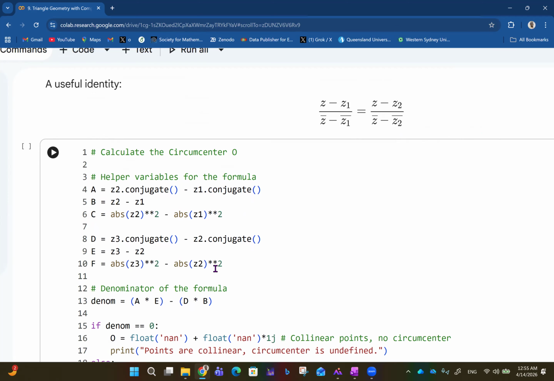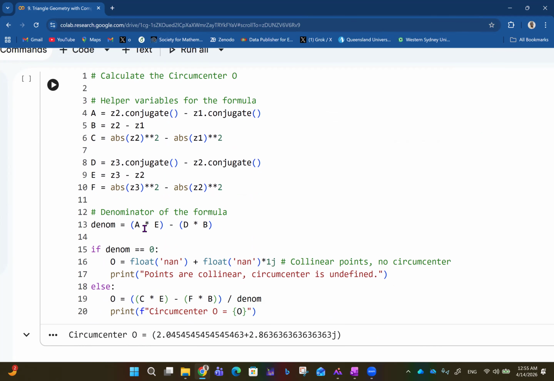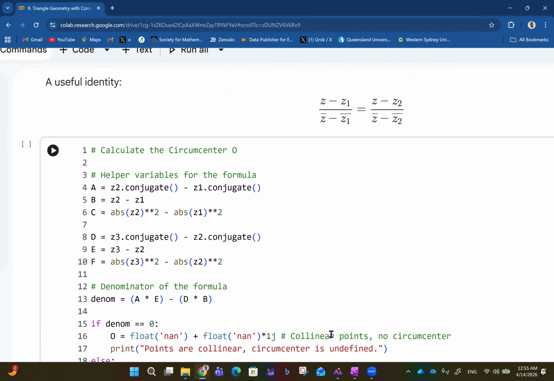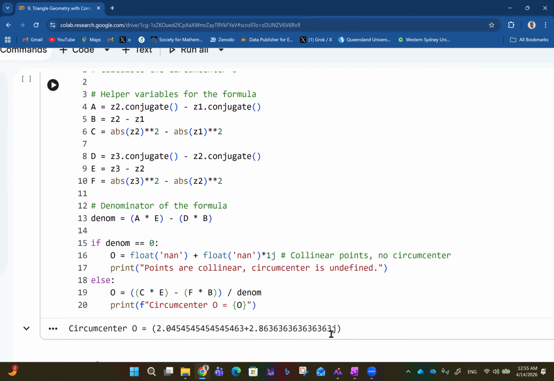Then you can have the denominator to be A times E minus D times B, following all that, and you get the circumcenter to be 2.0454 and so on.